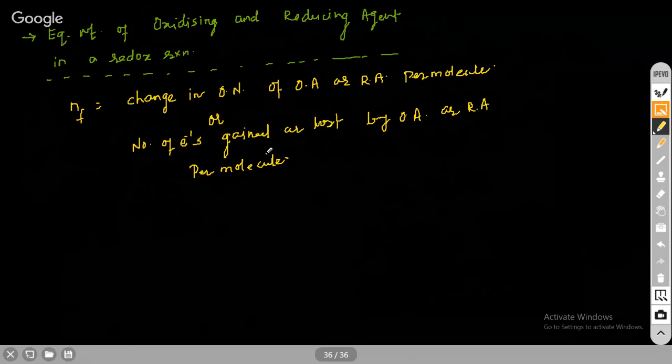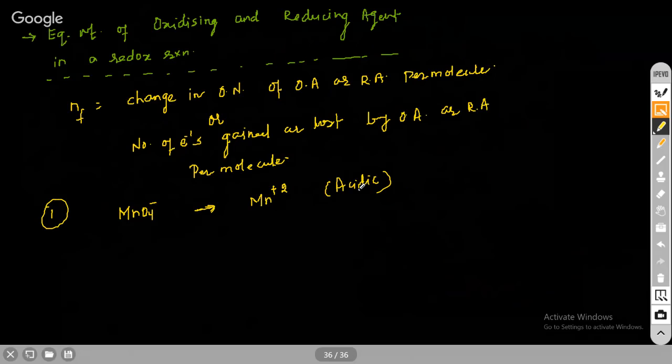Now suppose I write down a few examples here. The first one, and this is important, you must remember: MnO4 minus converts into Mn plus 2 in acidic medium. This you should know, the change in oxidation number of manganese in acidic, basic, alkaline or neutral medium.